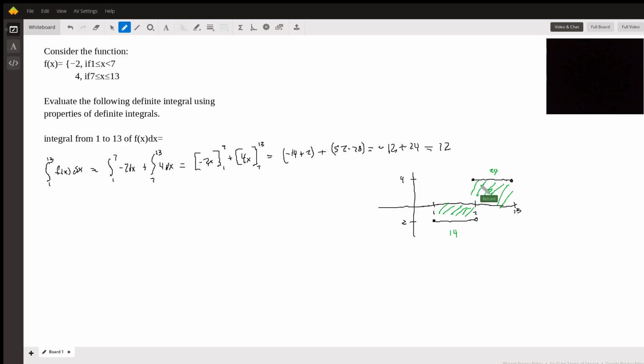And then you would say, oh, well, the area under this curve is 24 plus 14. And that would be correct. Absolutely correct. Your answer would be 38.